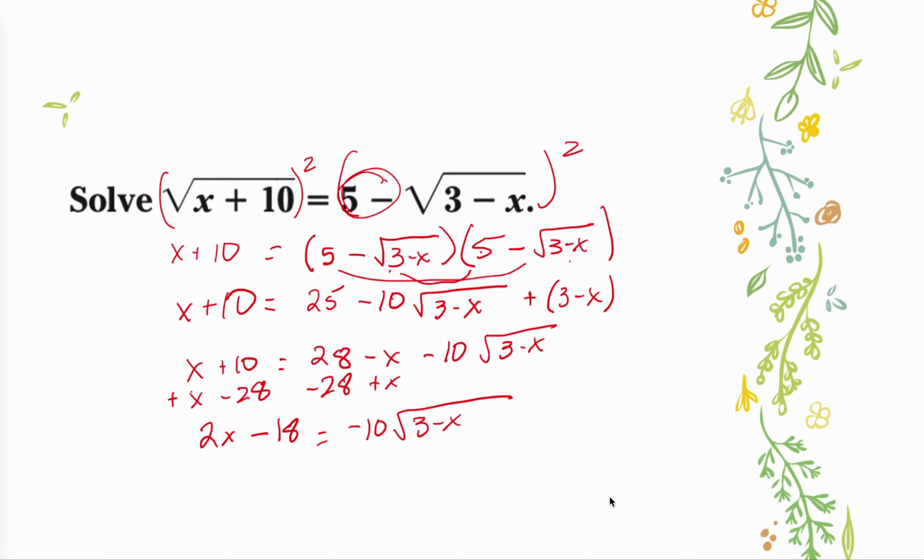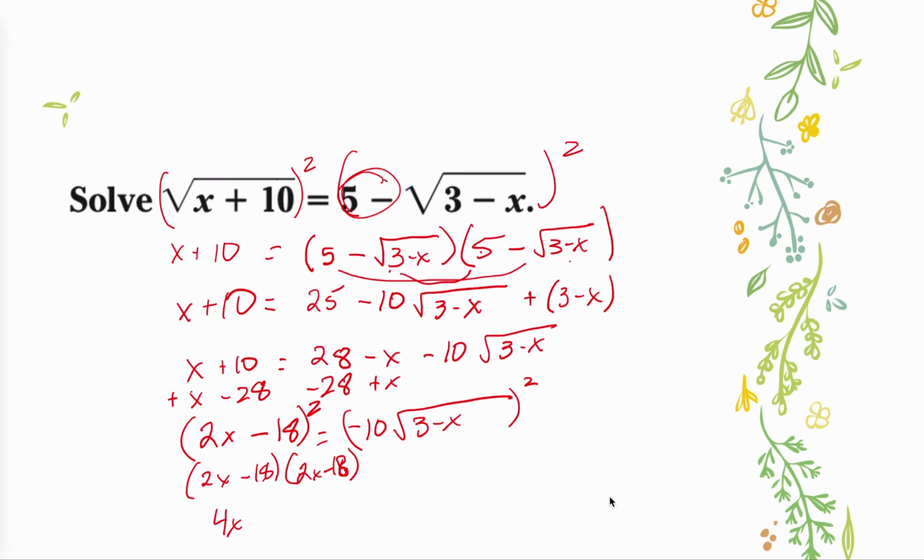Now we're going to square both sides again. And so we FOIL this. 2x times 2x is 4x squared.